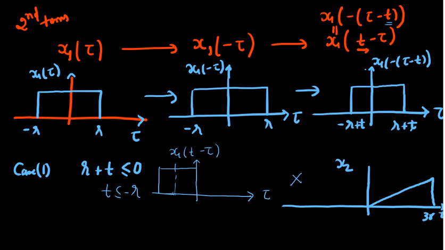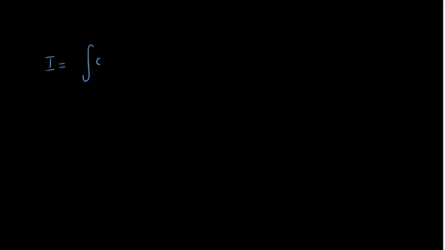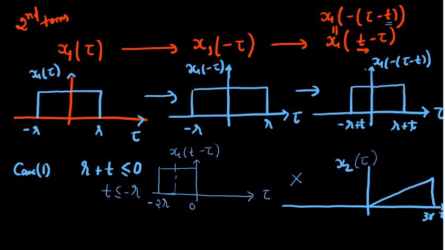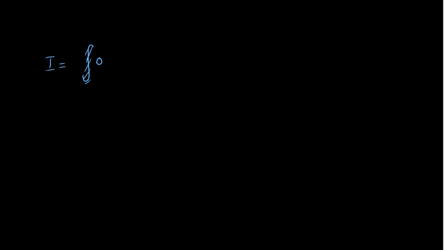If you see, there is no common region where these two signals are non-zero. So the value of the integral will be 0, and the convolution of these two signals for this case will be 0. Next, case 2 is when your time t is greater than minus r. Now you are shifting your signal a bit towards the right.